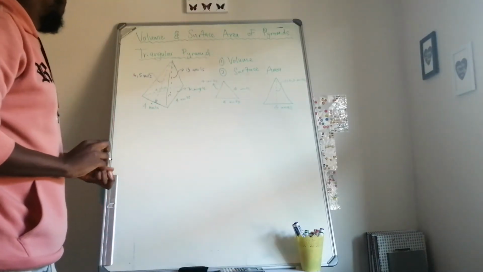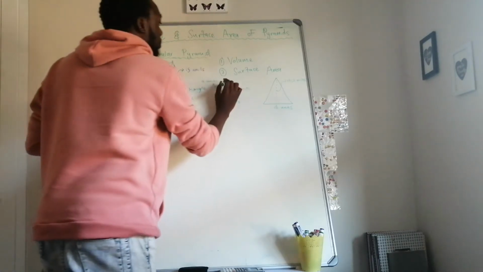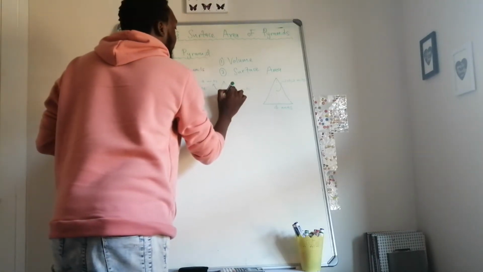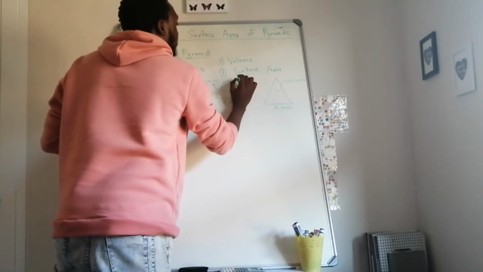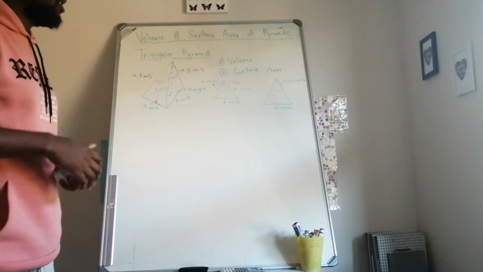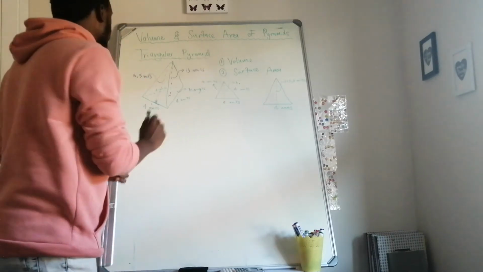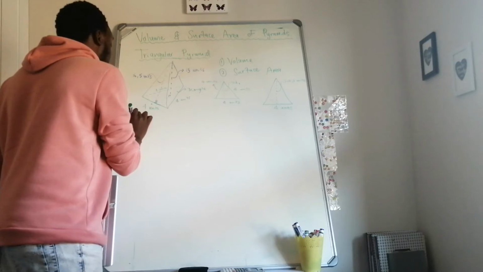What else are we given about the triangle? Nothing else, right? So remember, this one will also have a height, so I'll call this height 1. We're asked to solve volume and surface area. So let's start with volume.